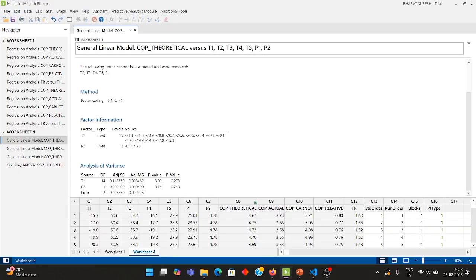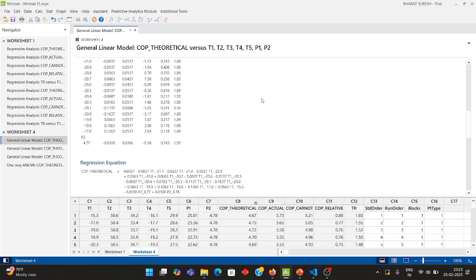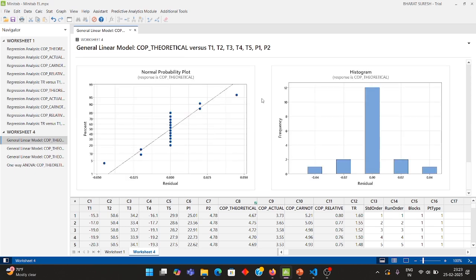As we can see, we have plotted COP theoretical versus T1, T2, T3, T4, T5, P1 and P2. The graph has also been plotted for COP theoretical versus T1 and P1. The normal probability plot has also been plotted along with a histogram.